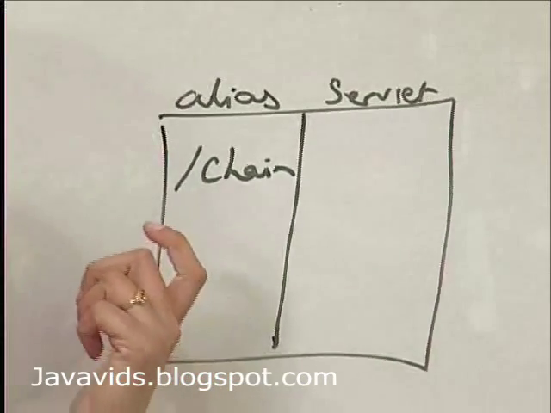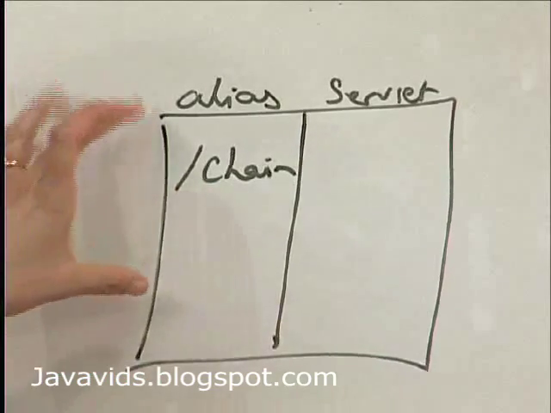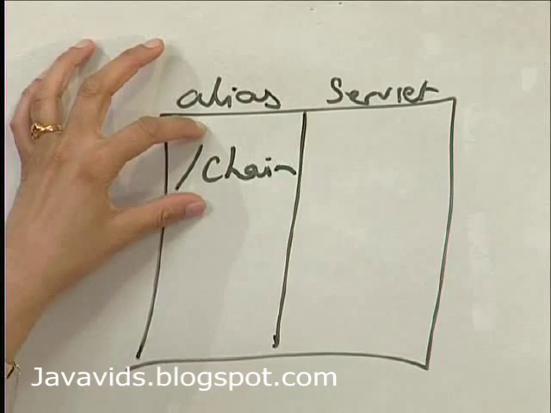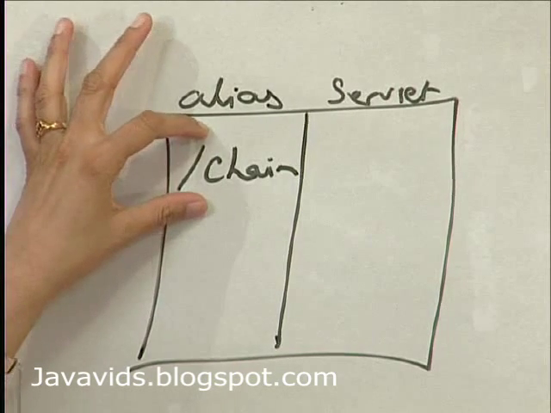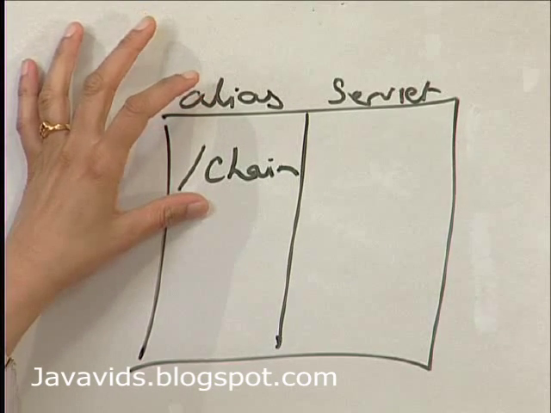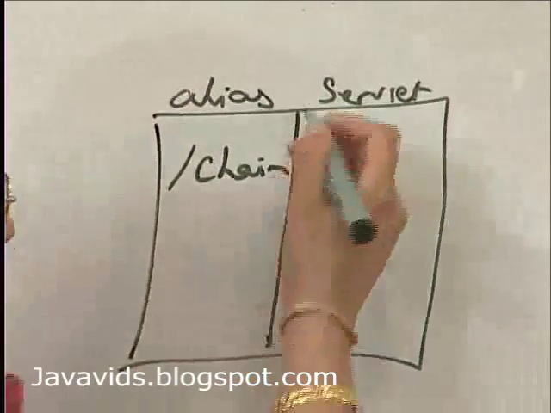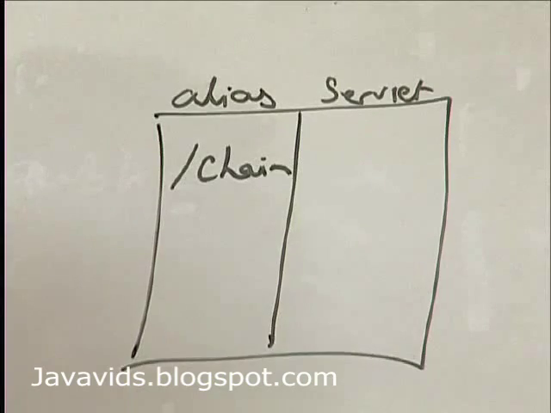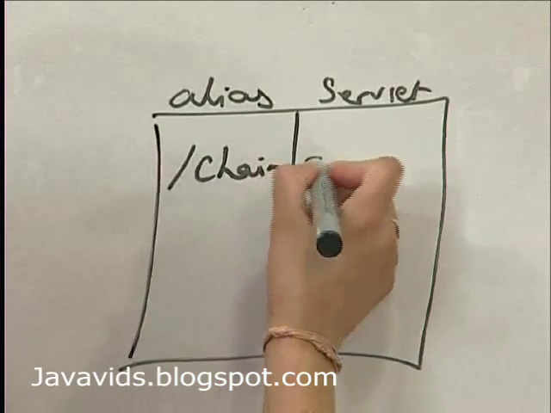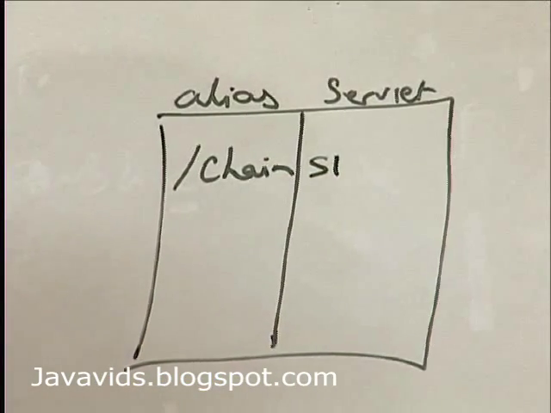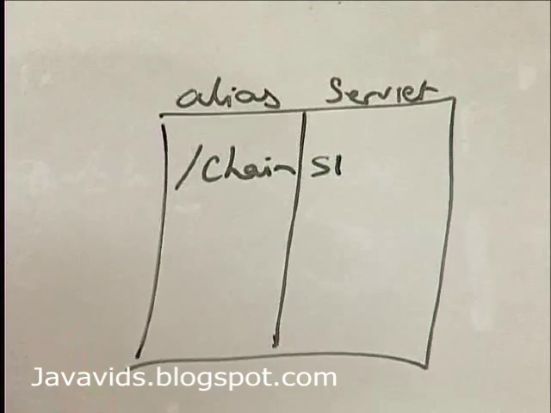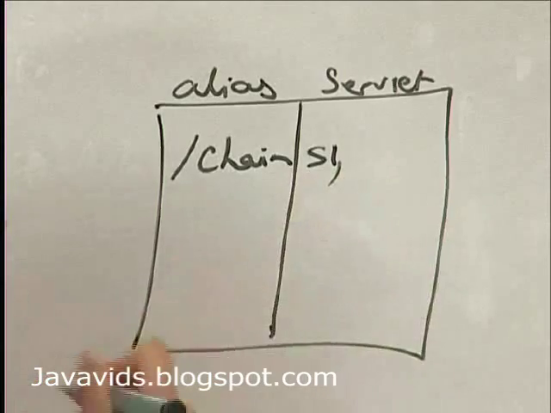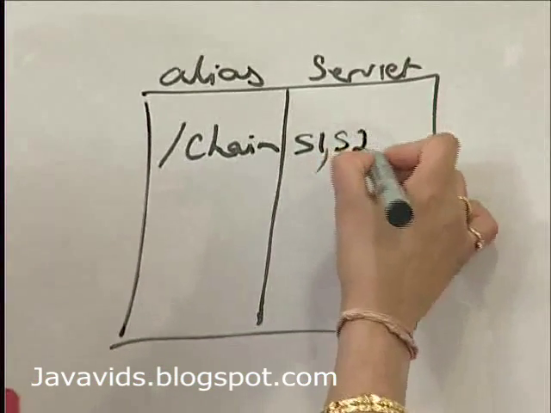So you click at the add button and then enter /chain, for example, as the name of an alias, and then in the second column specify the sequence of servlets which have to get executed. So let's assume S1, S2, S3, S4 are the servlets which we have written and we have to execute them in that particular sequence. So a comma separated list of servlets is specified here.